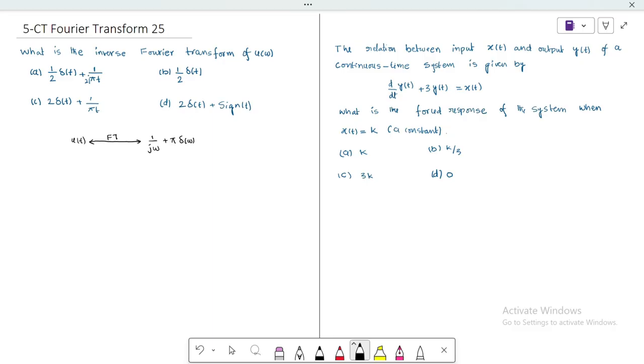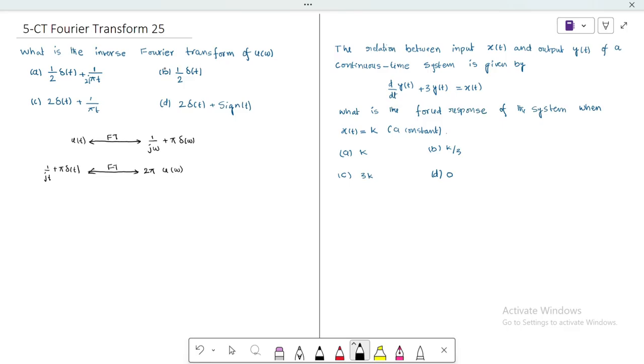Similarly, applying the duality property, that equals 1 by jt plus pi into delta of t. So from the duality property, that equals 2 pi into this one, so that equals u of omega.